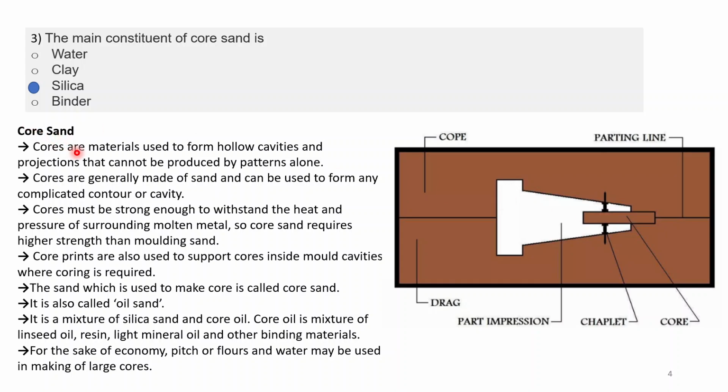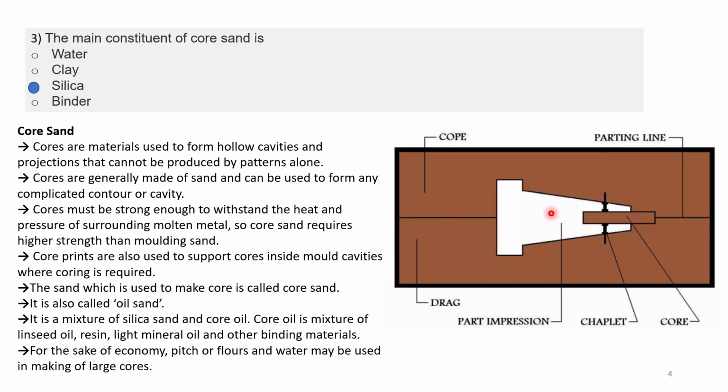Okay, so cores are the materials which are used to form hollow cavities and projections that cannot be produced by patterns alone. Cores are generally made of sand and can be used to form any complicated contour or cavity. The cores must be strong enough to withstand the heat and pressure of surrounding molten metal.